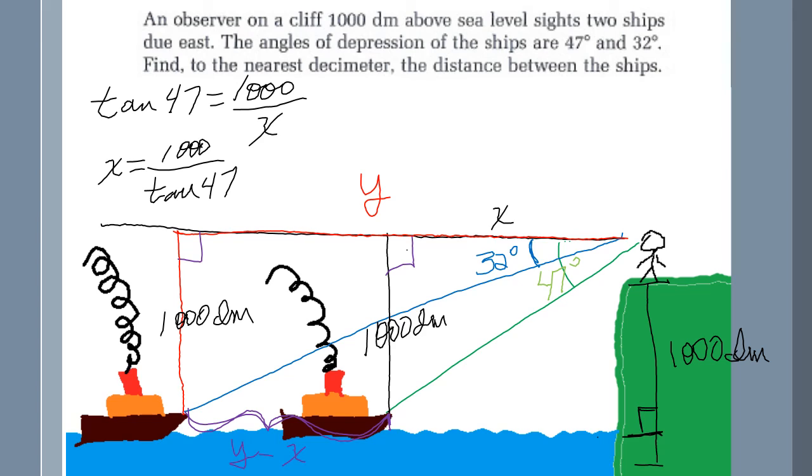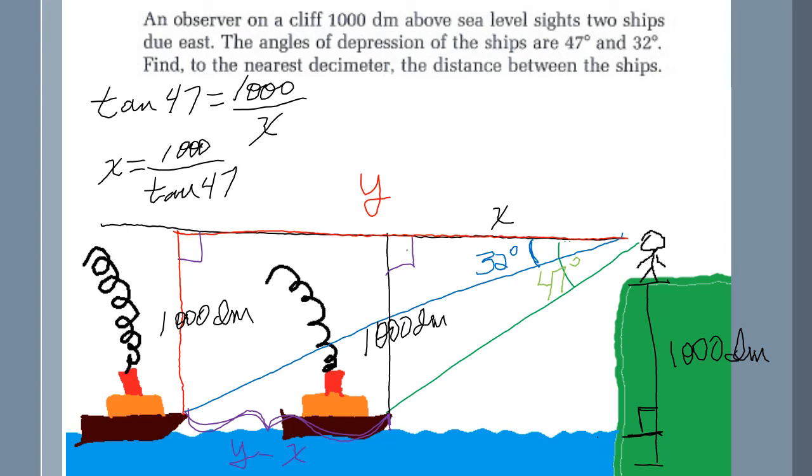So we take the handy dandy calculator and plug this in. 1,000 divided by the tangent of 47. And we get 932.515.